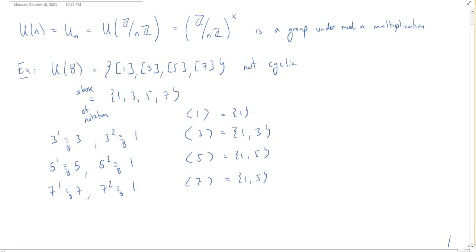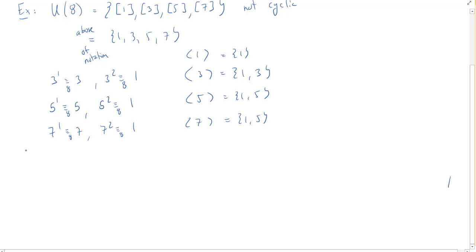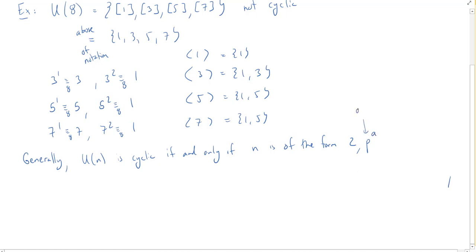Well, there's a general answer to this question, which may be more than you want when you're first learning group theory, but generally, we can actually say U of n is cyclic if and only if n is of the form, well, let's see, it could be 2, or it could be a power of an odd prime. So here p is an odd prime.